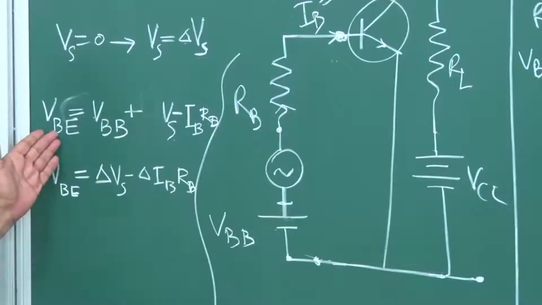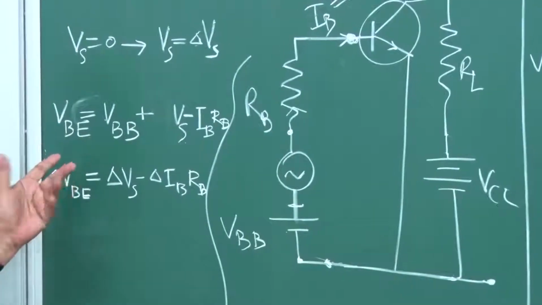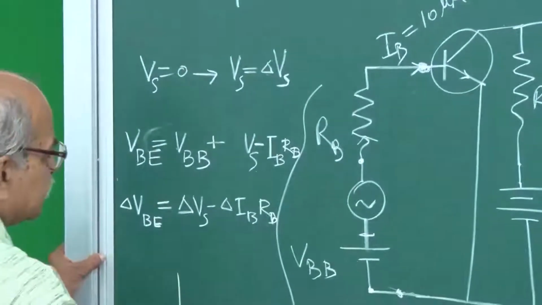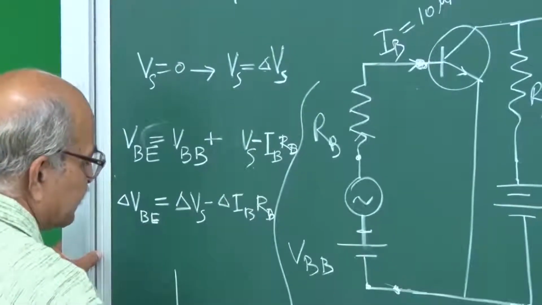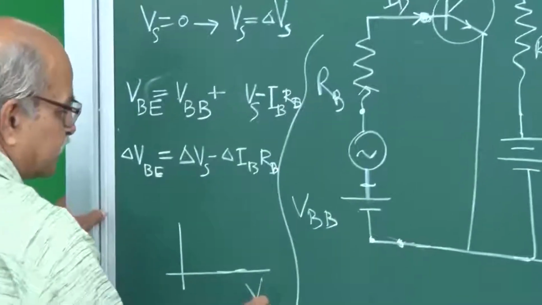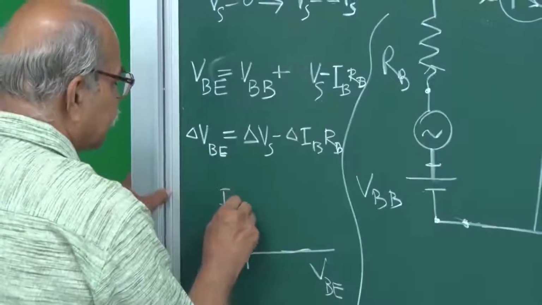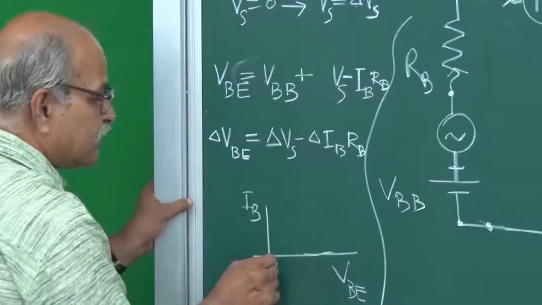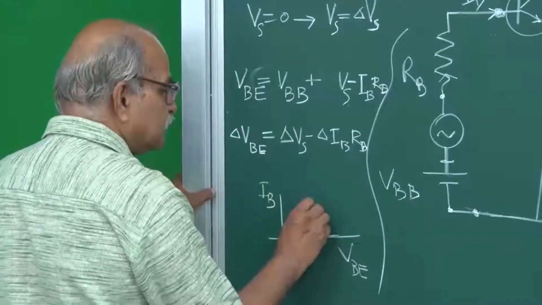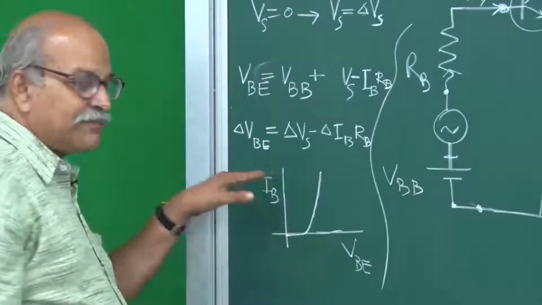Now this VBE you cannot really change much. Why? Because if you remember, the characteristic is of a PN junction, and in this case the base emitter junction, input characteristics, VBE here and IB here. It is just a PN junction with the values of IB in the microampere range.